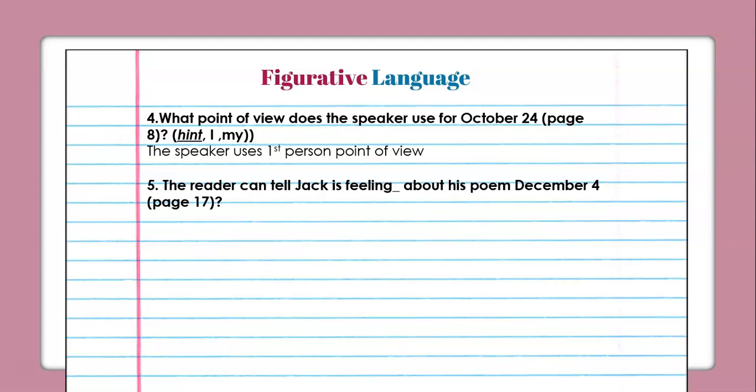What can we tell? What can we conclude Jack is feeling about his poem? Is he feeling proud? Is he feeling sad? Is he feeling joyful? How is he feeling? Shy? Remember, a good reader always goes back and rereads. You have the last 1 minute 15 seconds.